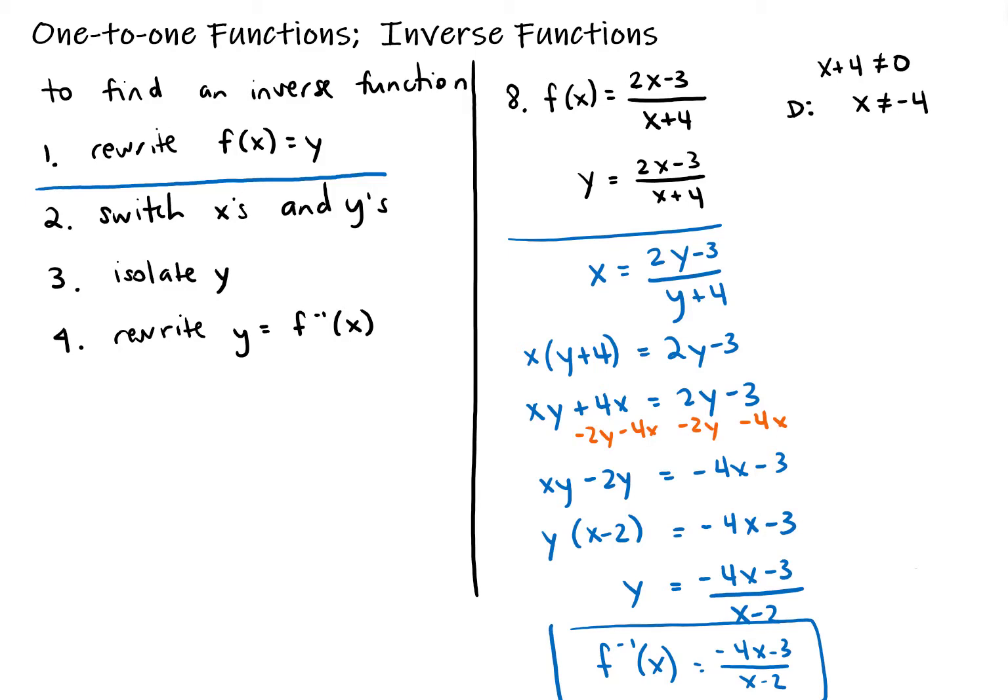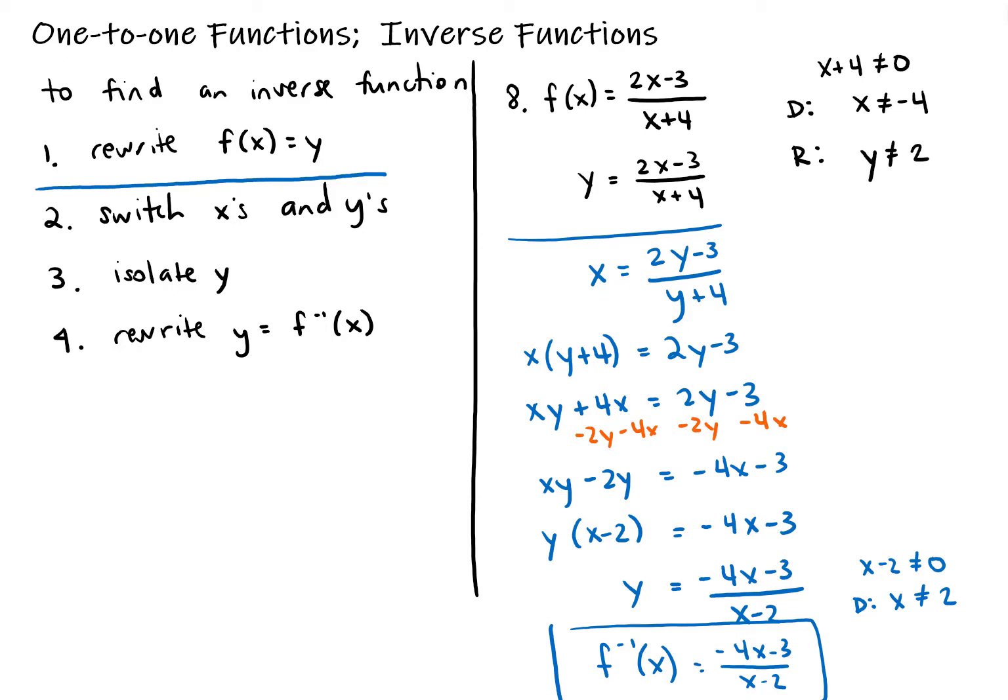So there's your function. Now the domain of this function is also going to be that the denominator is not equal to 0. So then I'm going to get x is not equal to positive 2. That's my domain. Because I found the domain of my f inverse, that's going to tell me that the range of f is y is not equal to 2.